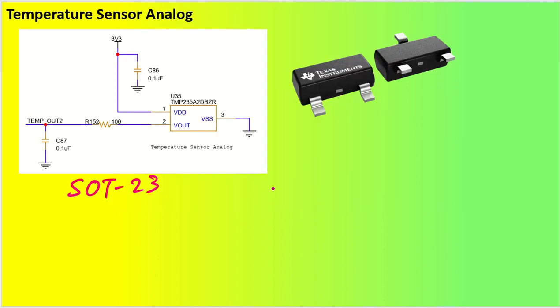Another example: we have already discussed temperature sensors a lot of times. One temperature sensor is the TMP235. This TMP235 gives an output of around 10 millivolt per degree centigrade increase.